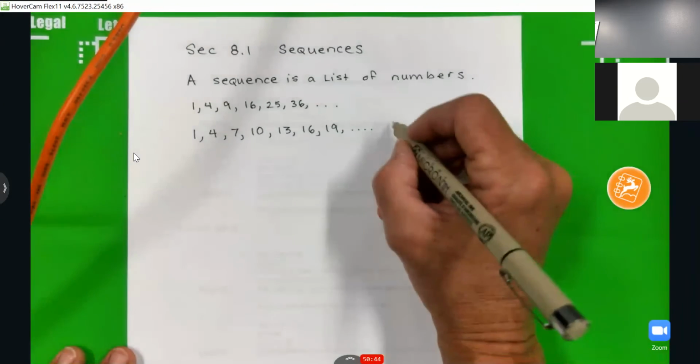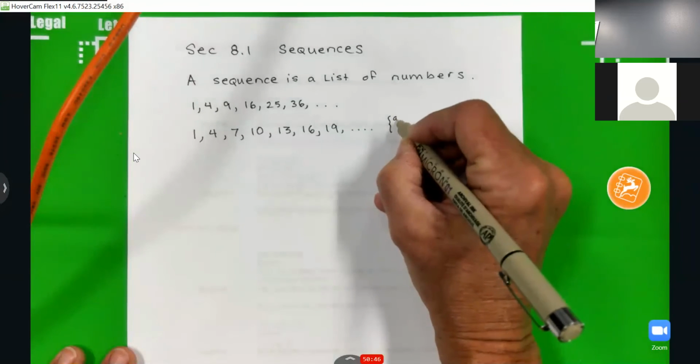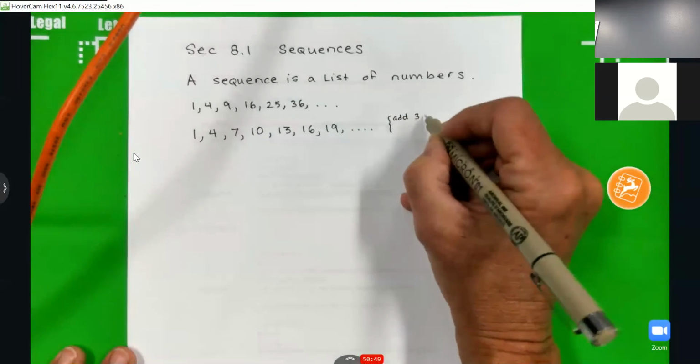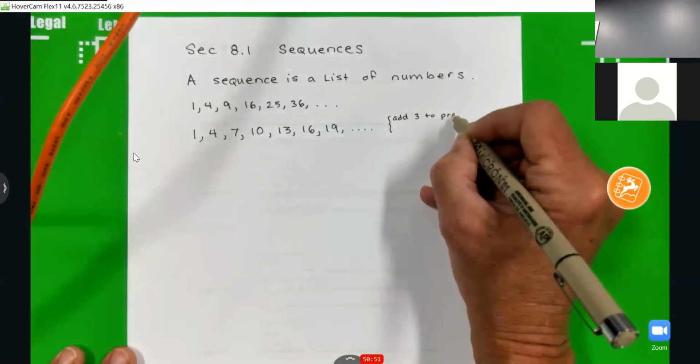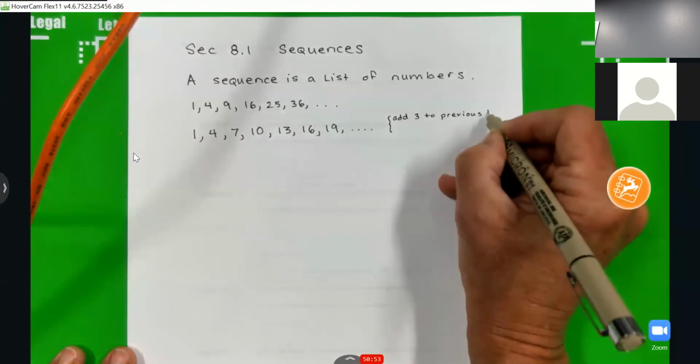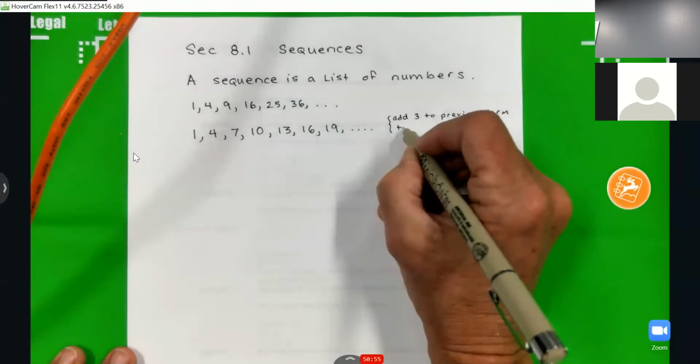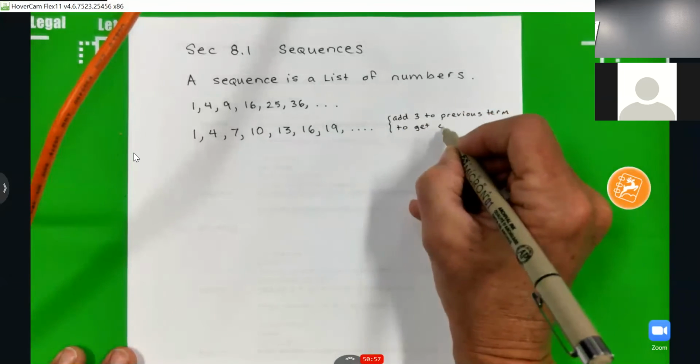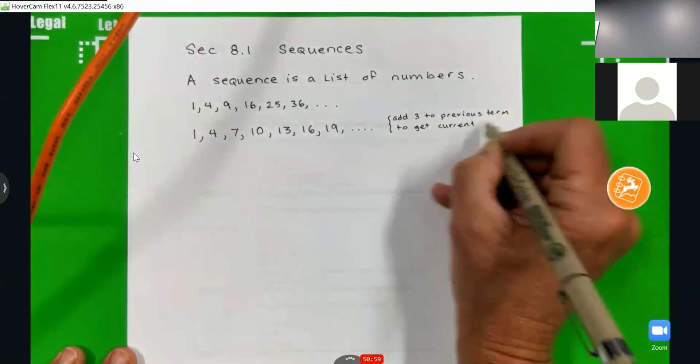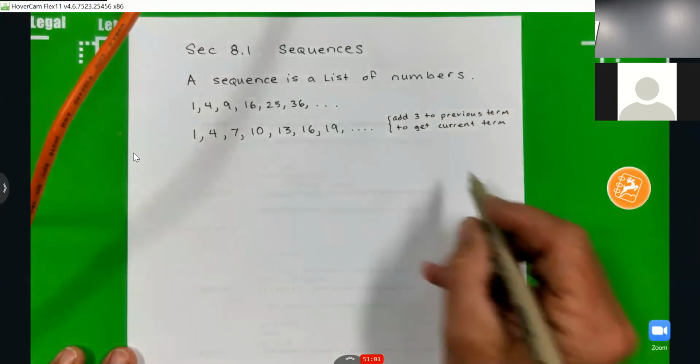If you just add a fixed number, here I'm adding 3 to the previous term, you get the next term.